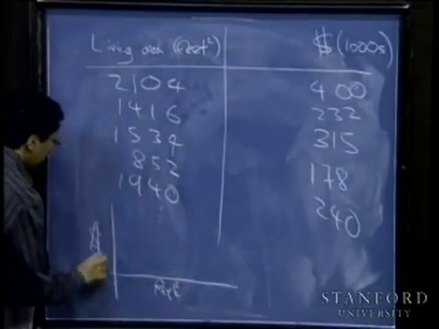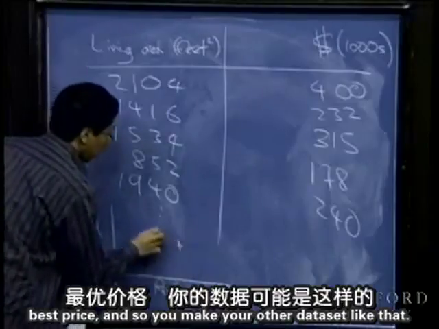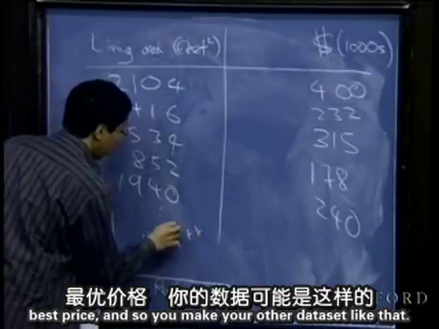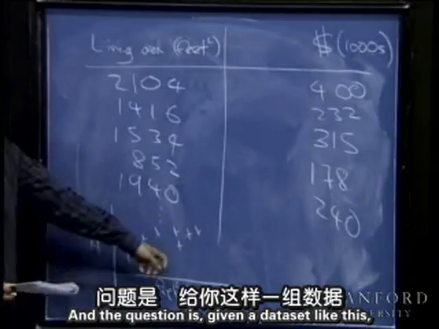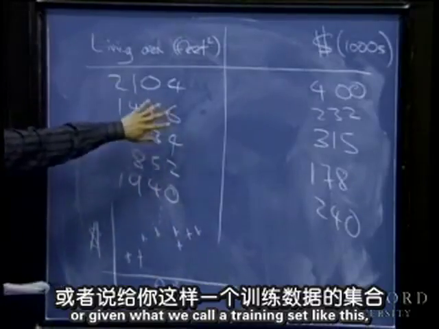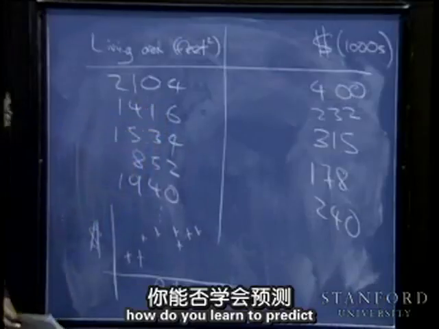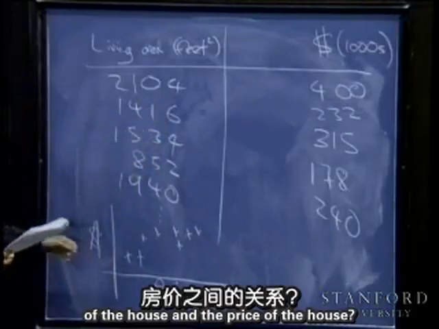Square feet versus price. And so you may get a data set like that. And the question is, given a data set like this, or given what we call a training set like this, how do you learn to predict the relationship between the size of a house and the price of a house?